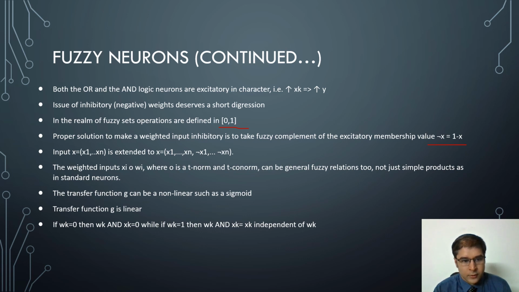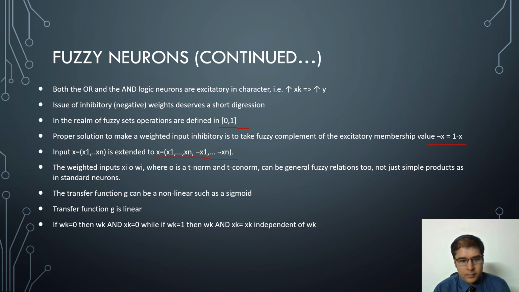Input x is equal to x1 to xn is extended to x is equal to x1 to xn, and then complement of x1, complement of x2, up to complement of xn. So this is also taken into the input set. The weighted inputs xi into wi, where in between there is an o here.